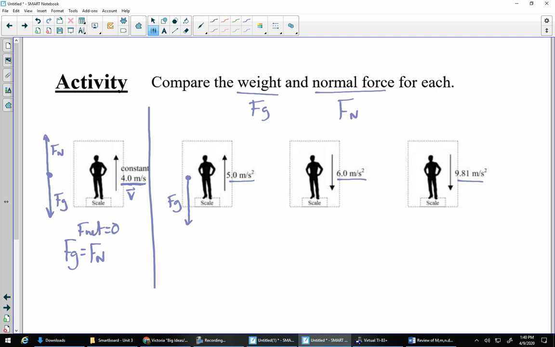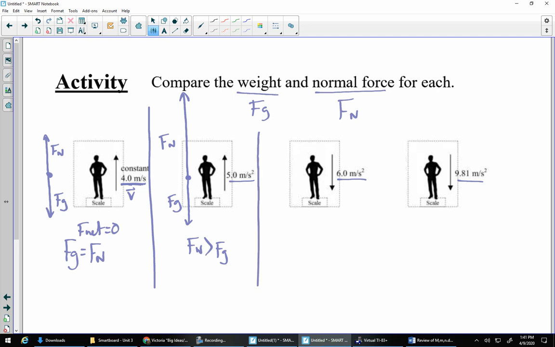And then I need normal force. It's obviously going to be upwards, but bigger or smaller? Because the acceleration is upwards, that means F net is going to be upwards. That means we need a bigger upwards force than we have a downwards force. So in this particular case, my Fn is going to be greater than my force of gravity, and this person would feel heavier, right? They'd feel heavier if they were in this elevator.